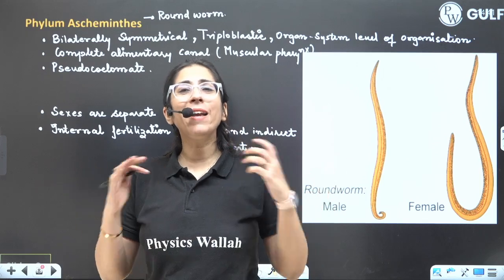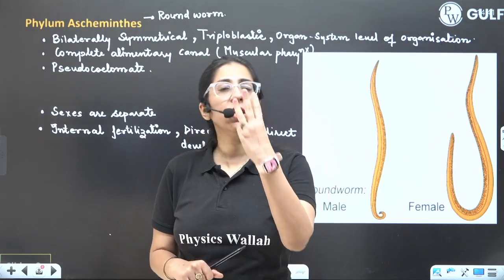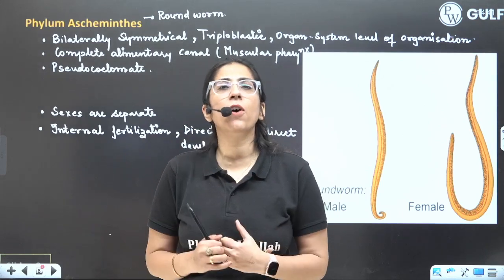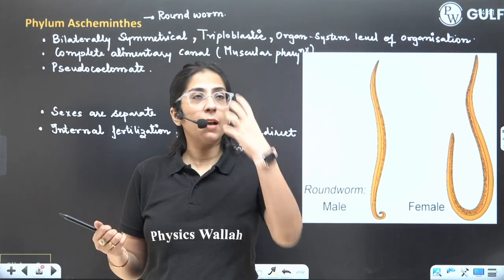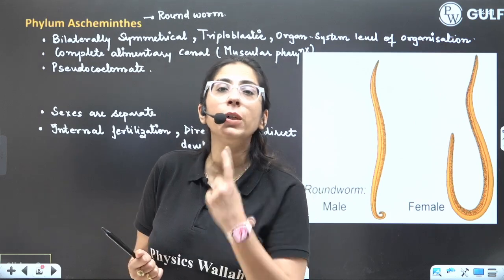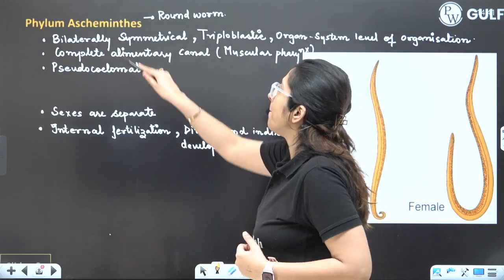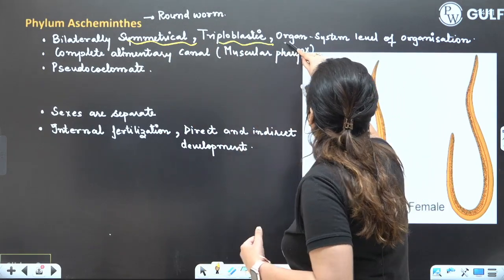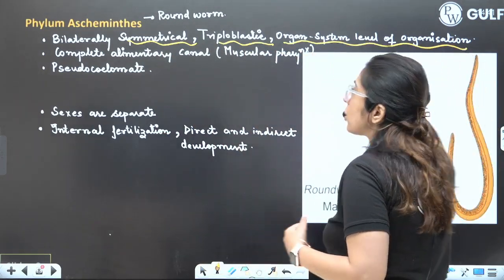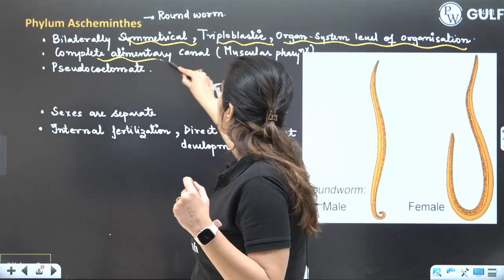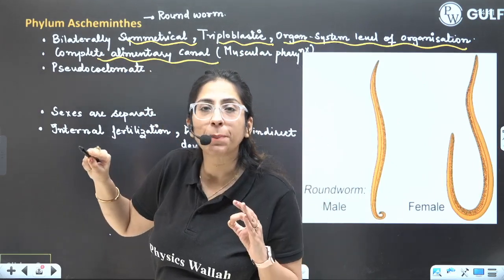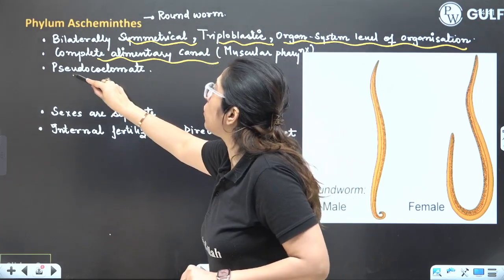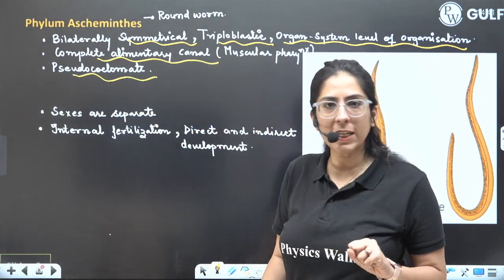Aschelminthes: bilaterally symmetrical body, 3 germ layers are there. Pseudocoelomate, organ system level of organization. Complete digestive tract, tube within tube digestive system. Bilaterally symmetrical, triploblastic, organ system level of organization, complete alimentary canal, tube within tube body plan, muscular pharynx for the absorption of food, pseudocoelomate, false coelom.